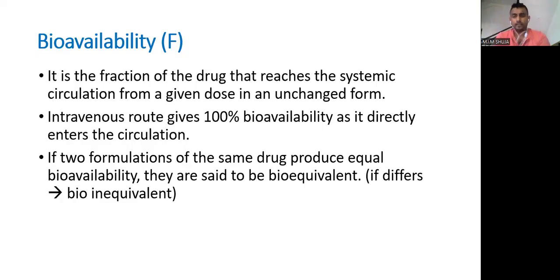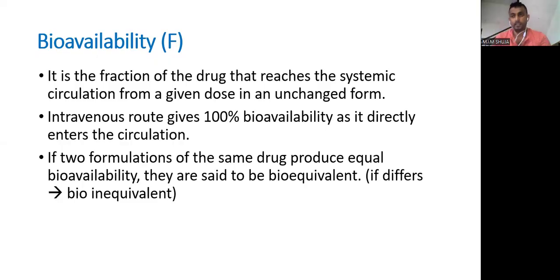Imagine you are giving something orally. That drug has to reach your systemic circulation, or the blood. So imagine you are giving a drug 100 gram, but only 70 gram is reaching the systemic circulation.